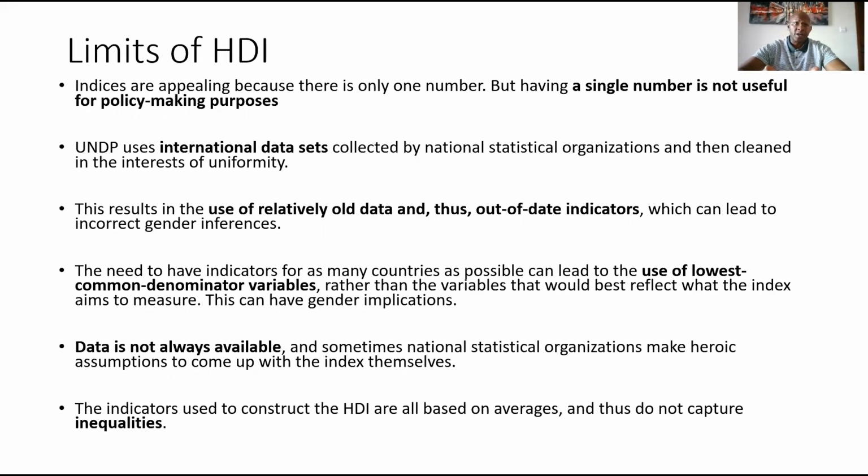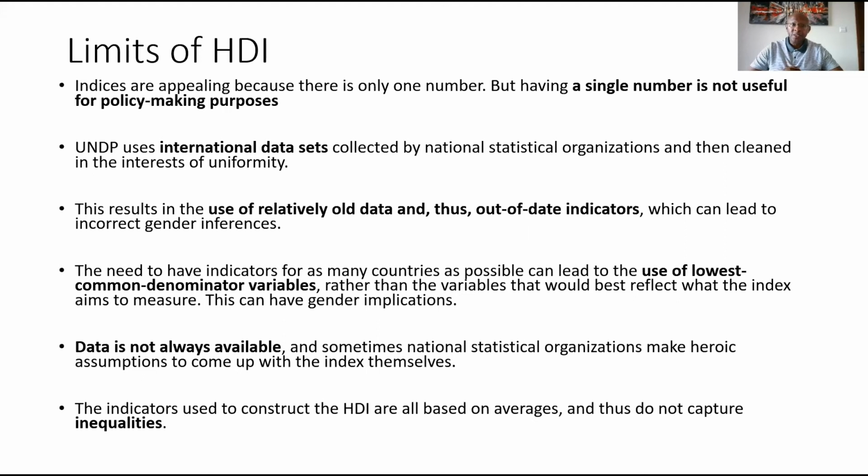Some of the limits, of course, is that indices are appealing because there is only one number, but having one single number is sometimes very hard to use in policymaking. UNDP uses the international data sets collected by national statistics organizations and cleaned in the interests of uniformity. So again, when you're cleaning data, there are different judgments that have to be taken, which is also a challenge.